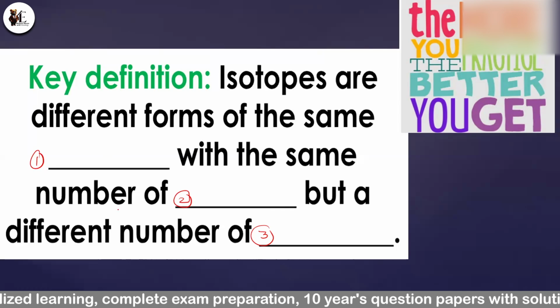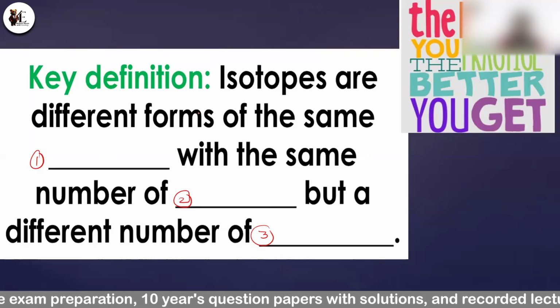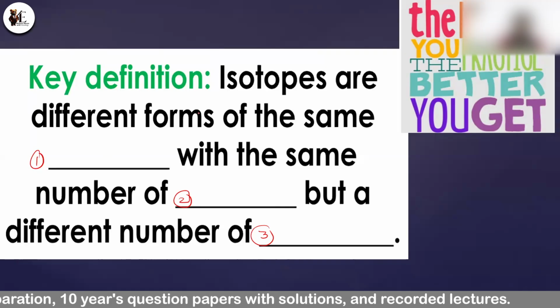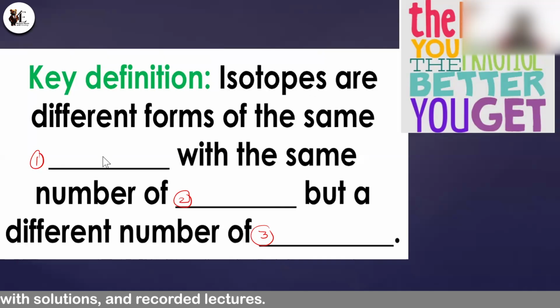Isotopes are atoms of the same element with different numbers of neutrons. Again read. Isotopes are atoms of the same element. Stop. Now what should be the answer here? Isotopes are atoms. Element.